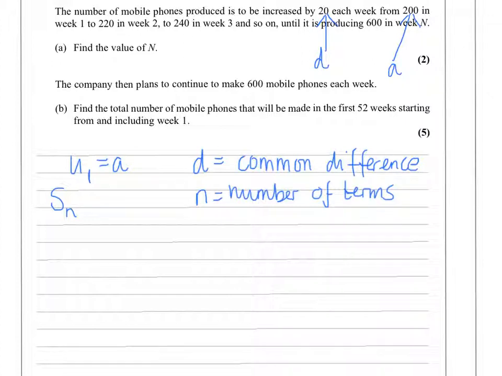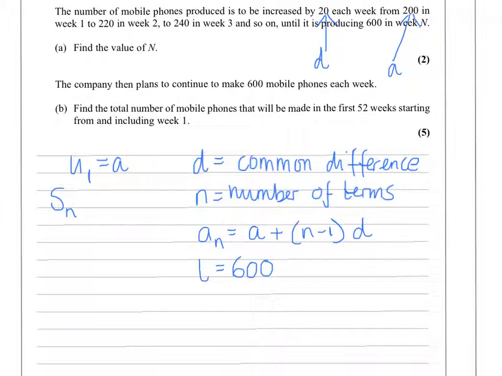Right, so we also know that an equals a plus (n minus 1) times d. So that's the nth term basically. So we can work it out from there. We know that that's the last term, l, which is also equal to 600. It's only worth a couple of marks, so that's fairly straightforward.